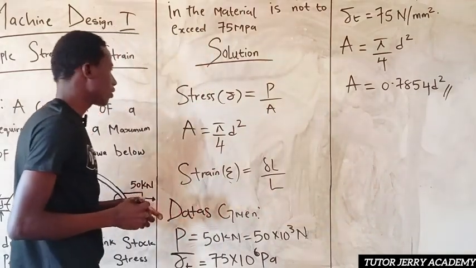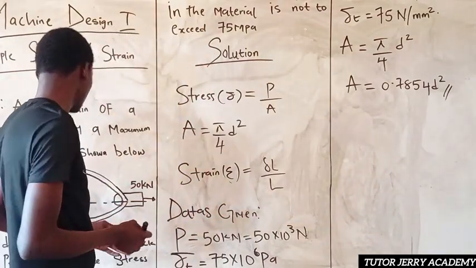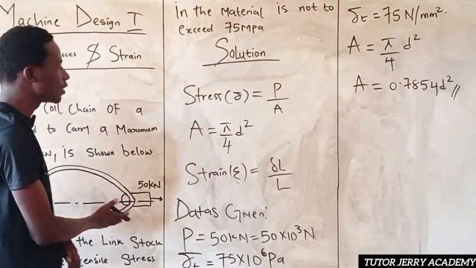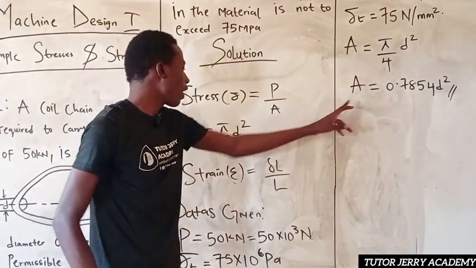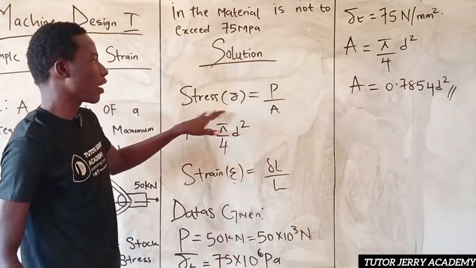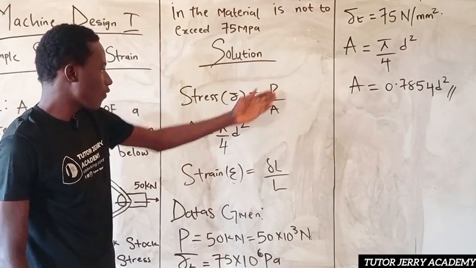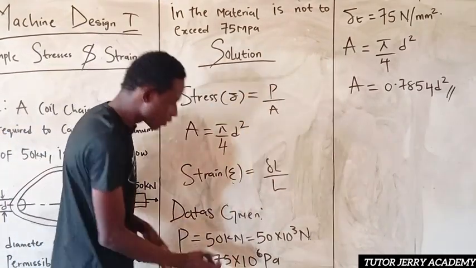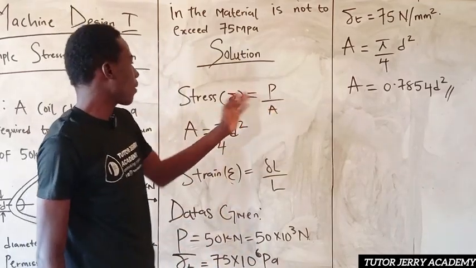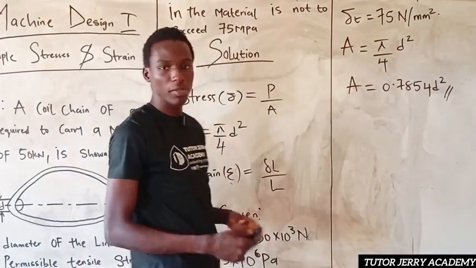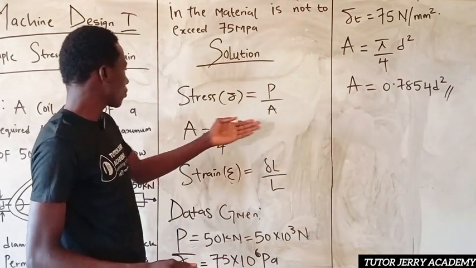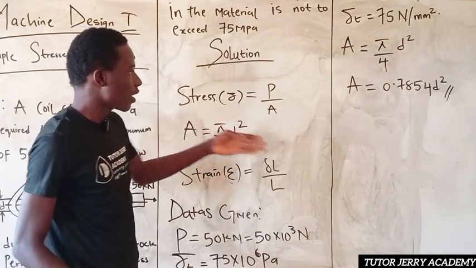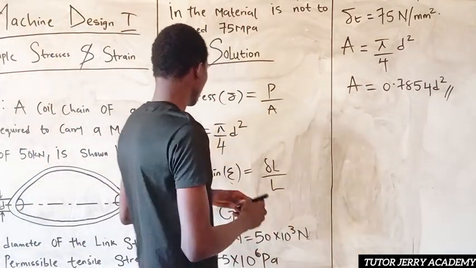Next, don't forget, we are asked to calculate the diameter of this link stock. So in order to calculate the diameter, we are going to be using the stress formula, because of course we have our value for our load, which is 50 kilonewton. We also have our stress, which is 75 newton per millimeter square. So we can substitute for our load, our area and our stress, and then we'll get the diameter. So let's do that.